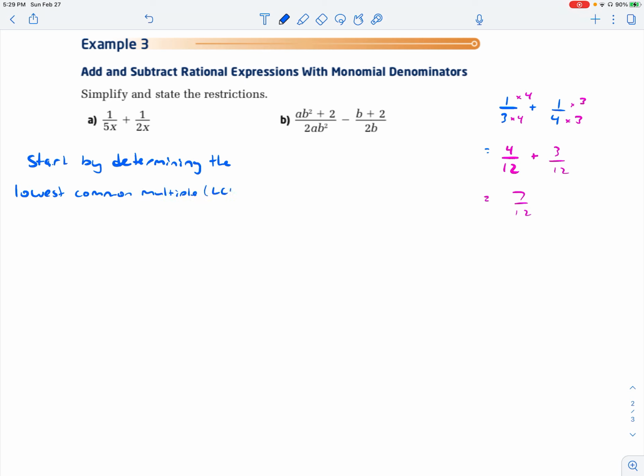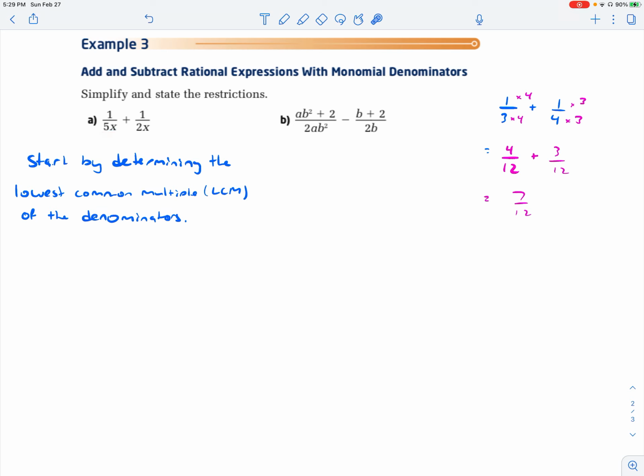I'm going to call that LCM for short. So this is just of the denominators. Okay, so 5x and 2x. What's the lowest common multiple? What's the smallest expression that both of these fit into?